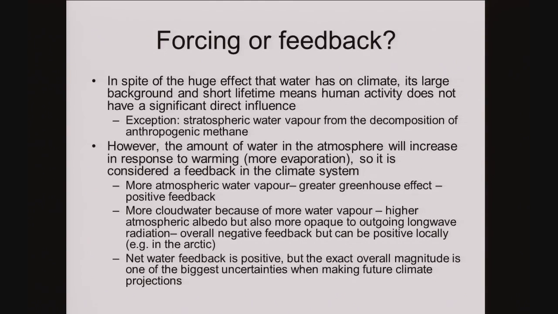When we're talking about this global climate feedback, what we're talking about is it getting warmer over a long period of time, which affects the evapotranspiration rates, and so more water vapour enters the atmosphere.